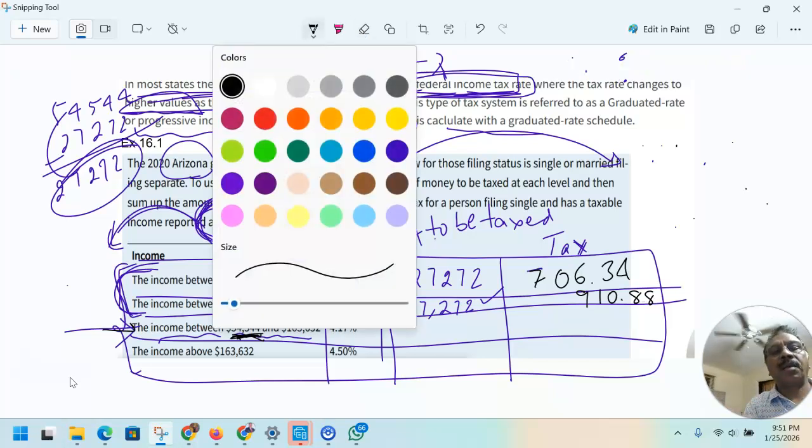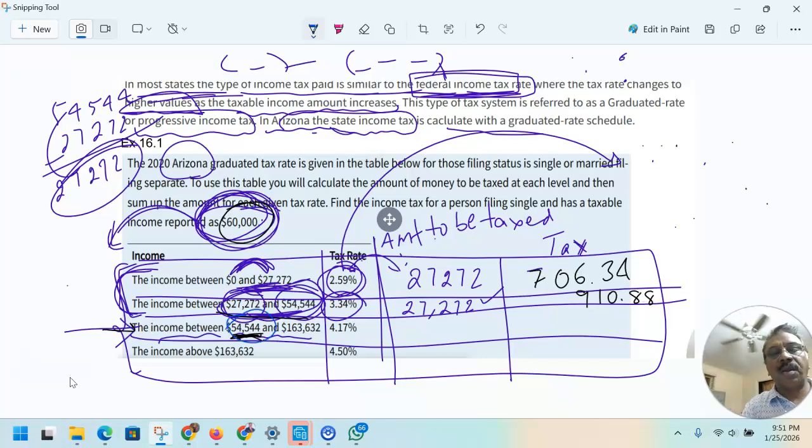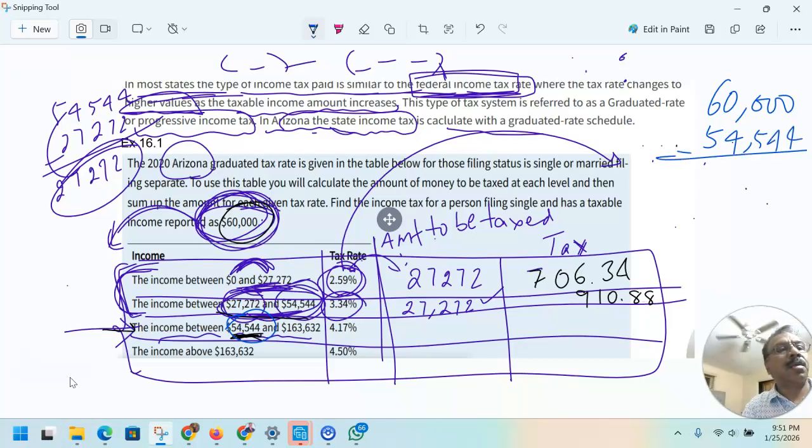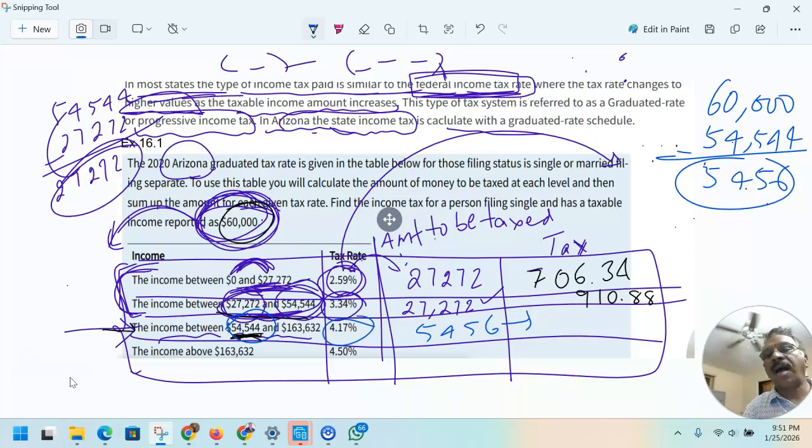So what we want to know is how much more 60,000 is. So 60,000 you subtract 54,544. When you subtract this, you get 5,456. And this amount is to be written here, 5,456. And now I have to tax it. But the tax rate is a little higher, 4.17%. It will be 0.0417.